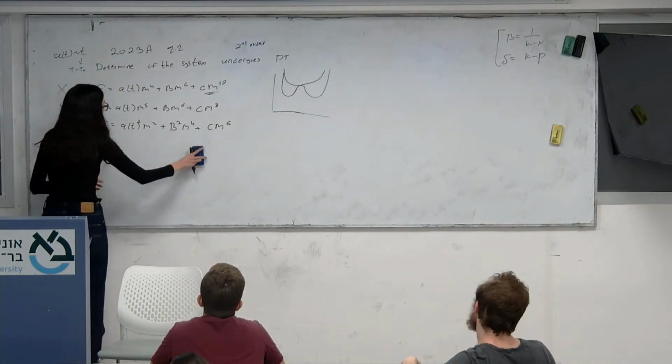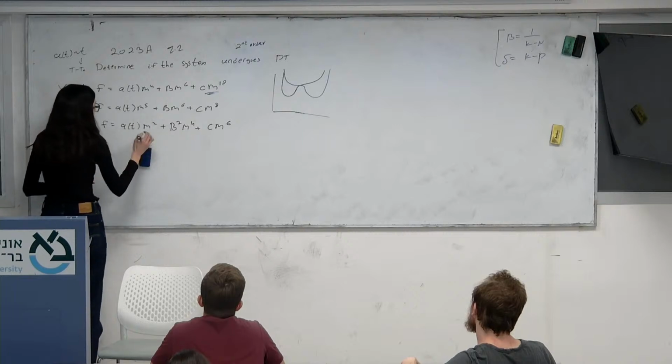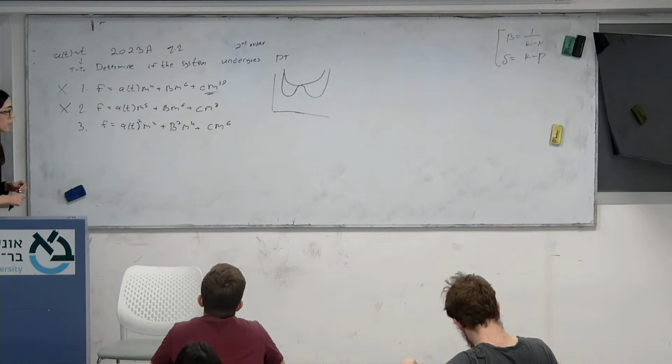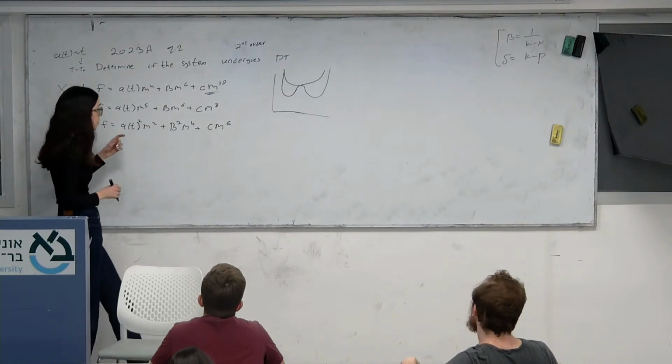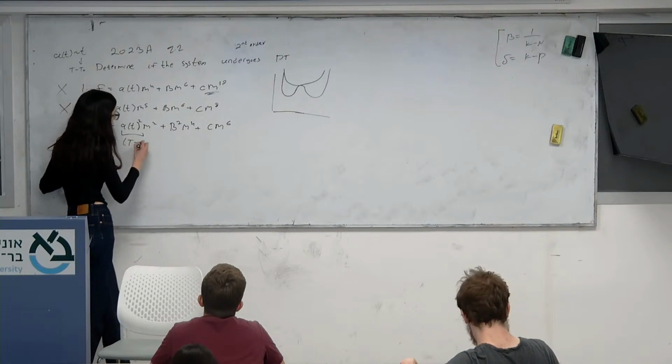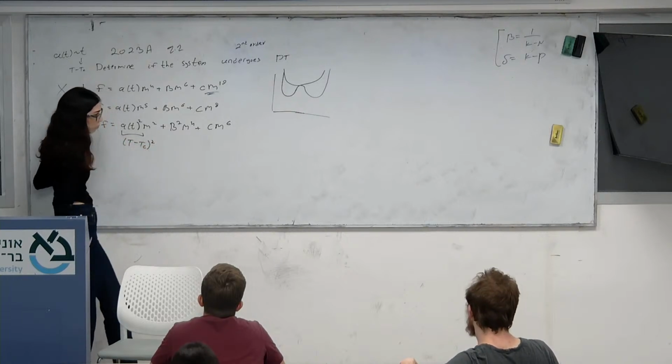So all of the orders of m are even, but also the order of a of t is even, which means that this is now proportional to t minus tc to the power 2.